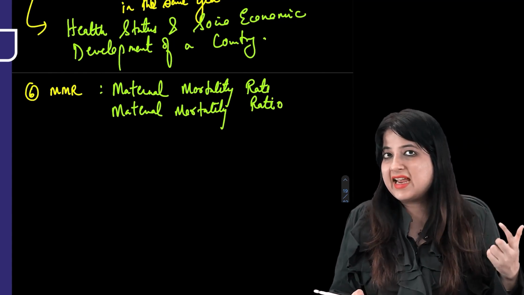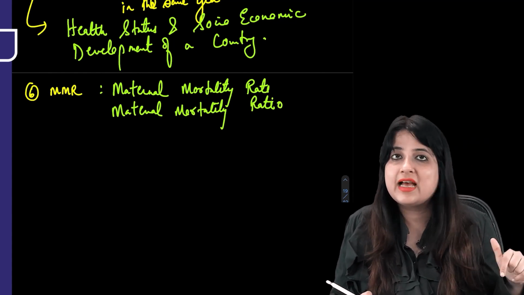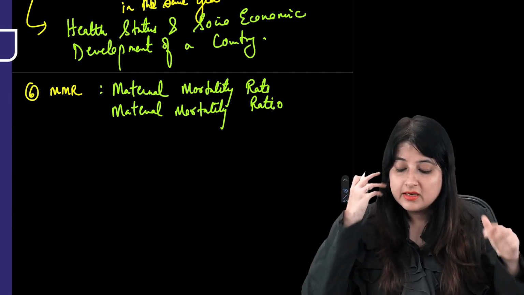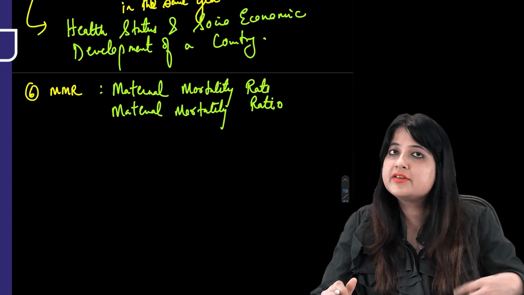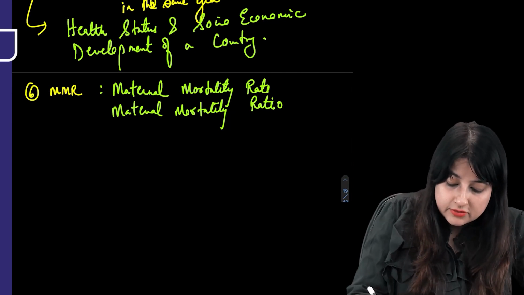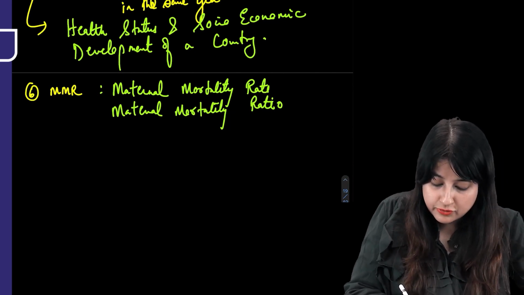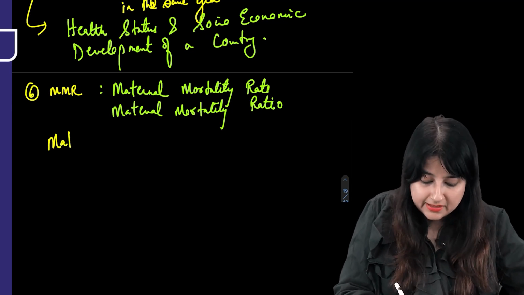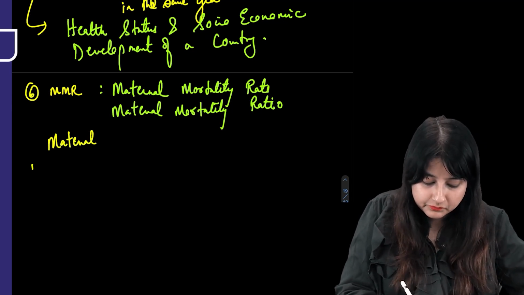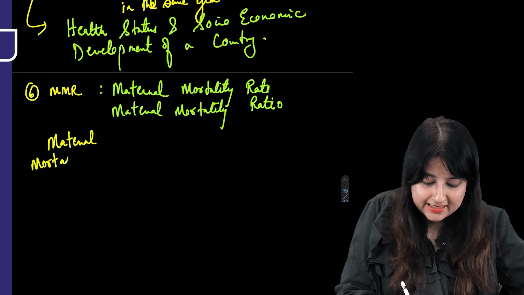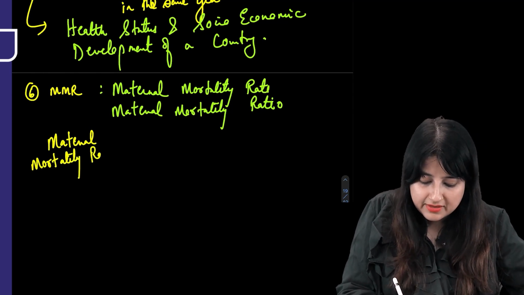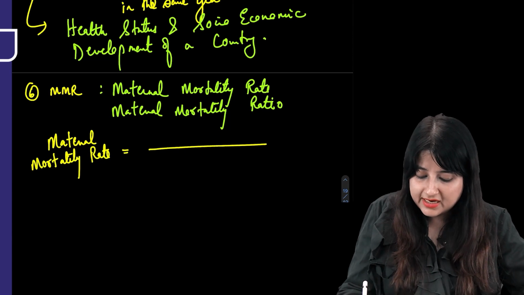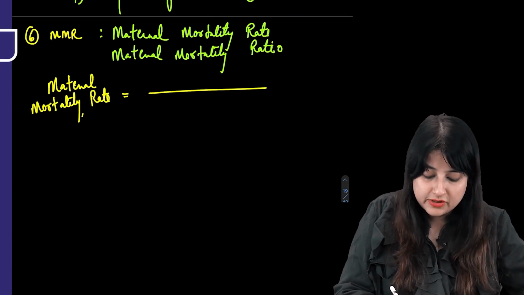Whenever you say rate, rate means numerator has to be a part of denominator. Ratio means numerator is not a part of denominator. So over here, when I talk about maternal mortality rate, since I say rate, my numerator has to be part of denominator.